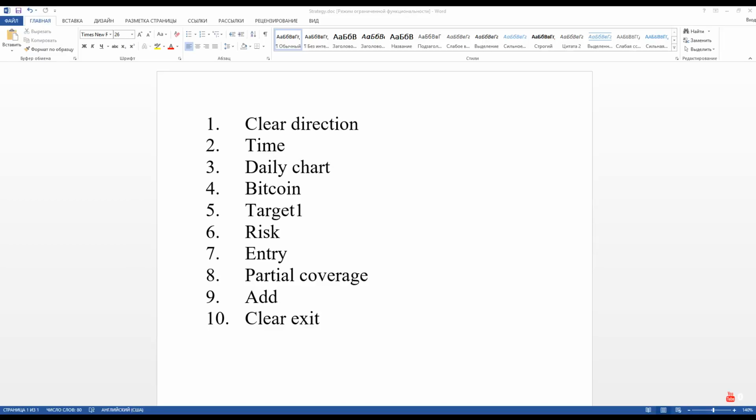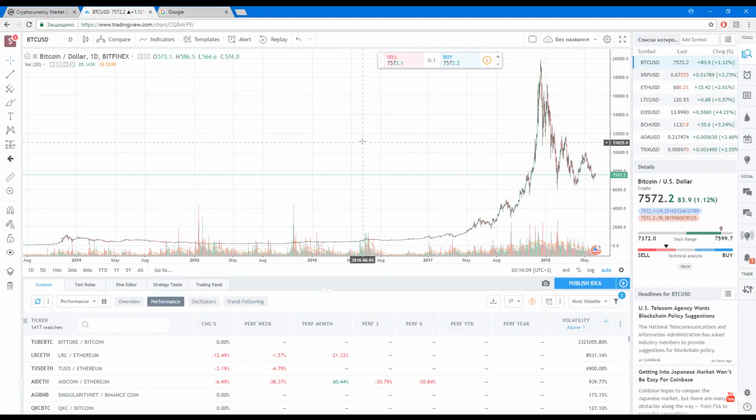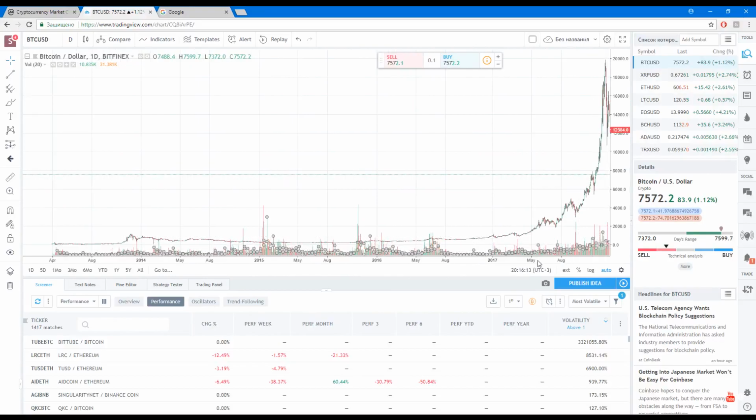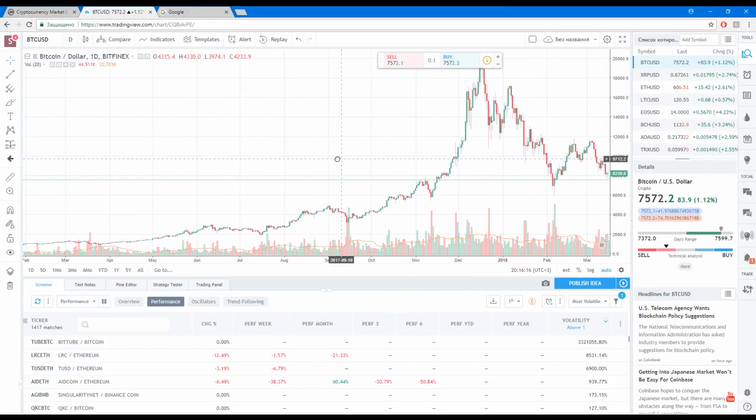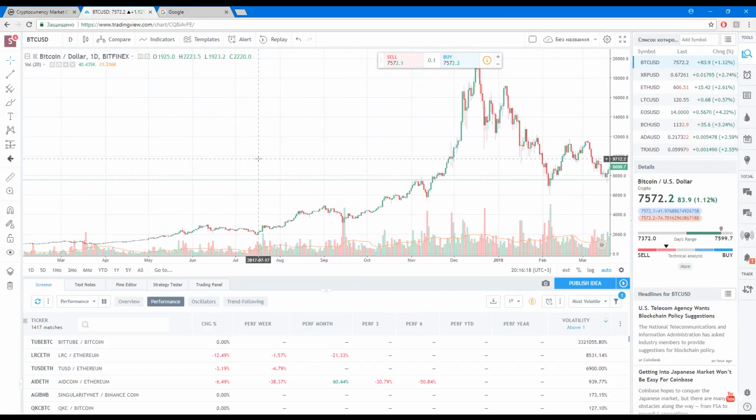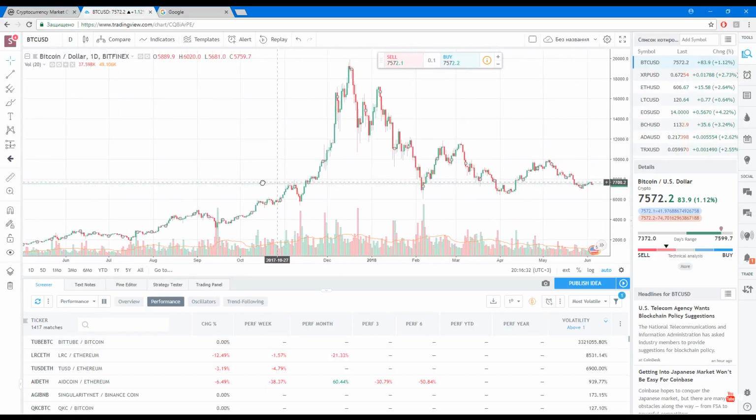For instance, the daily chart of Bitcoin in 2017, a magnificent year. I think it's very important to have some breakout on volume, but of course not in every case.